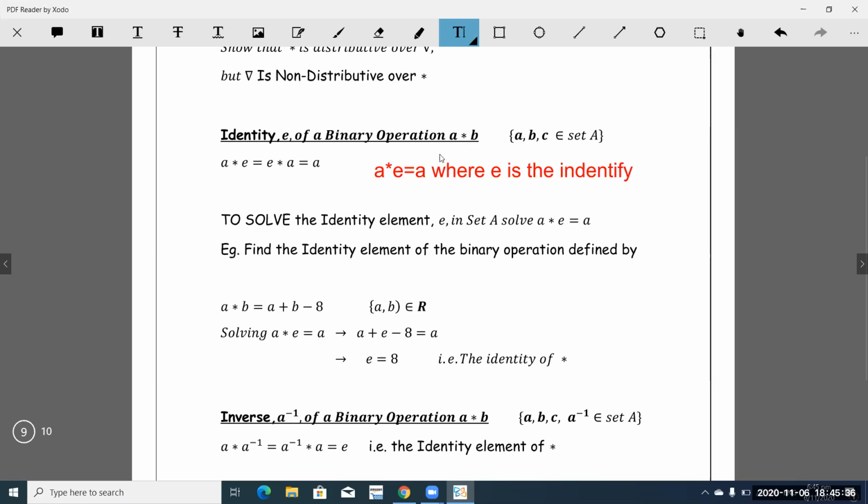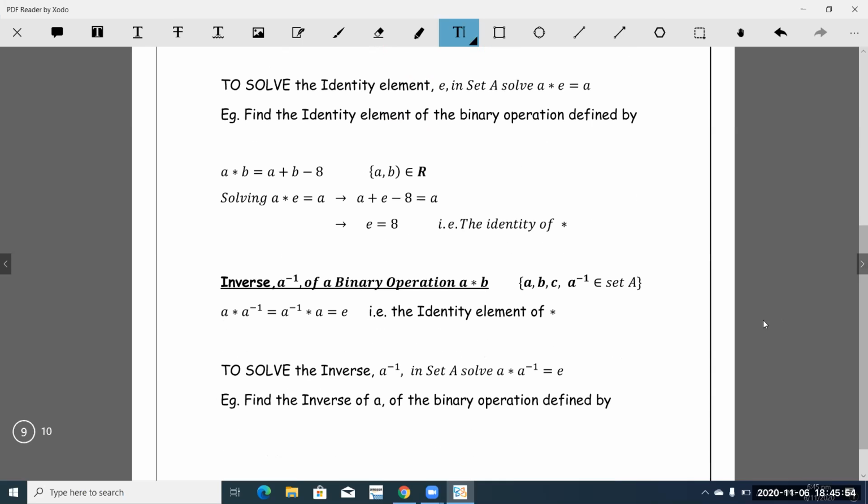After we solve this equation, we transpose and make E the subject, and that's the identity for the binary operation. Don't worry, we're going to look at other examples. This is just an example for the notes.